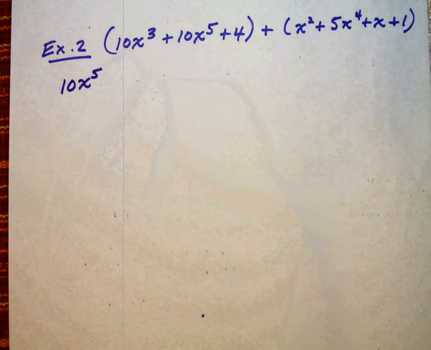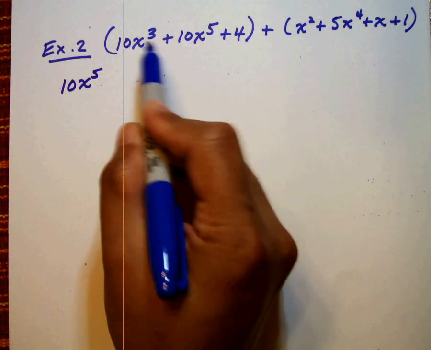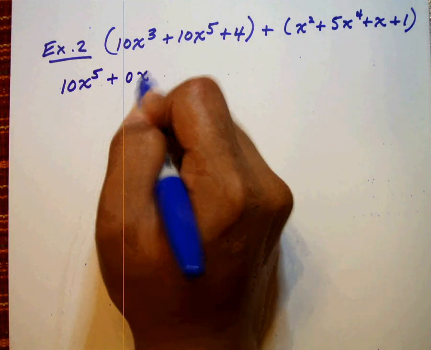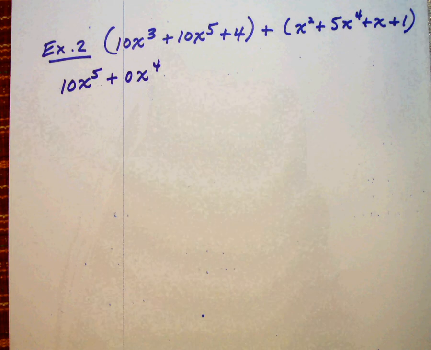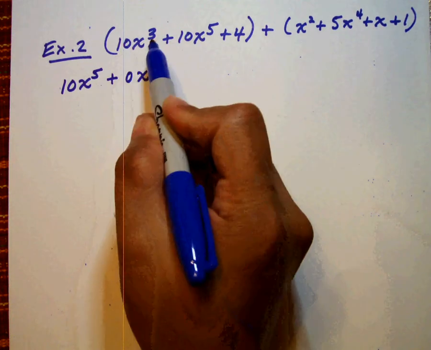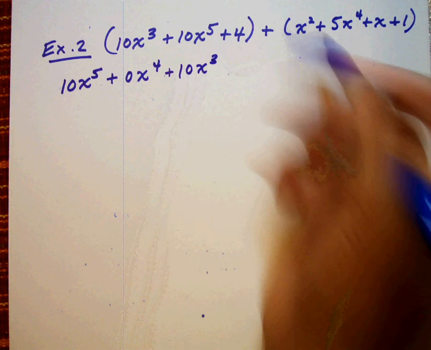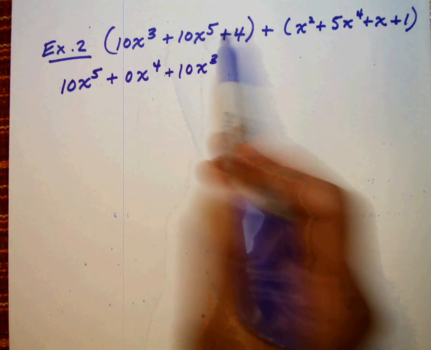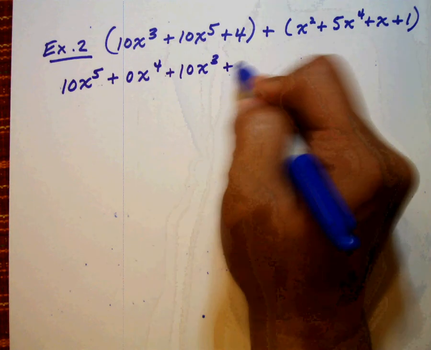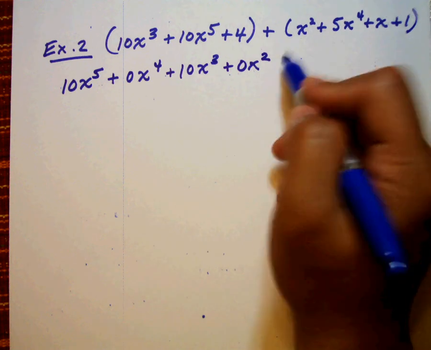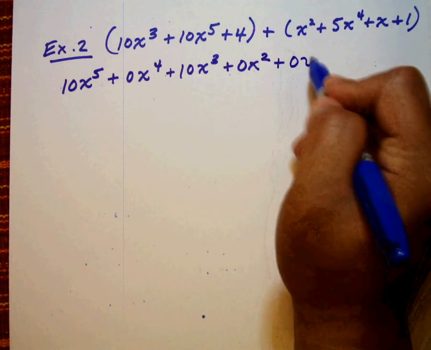So if you look at the first one, and I'll write this out, 10x to the 5th power will go first. I don't have anything to the 4th power, so I can write down 0x to the 4th power. Now 10x to the 3rd power, I can write that down because I have that. I don't have anything to the x squared, so I can put 0x squared.